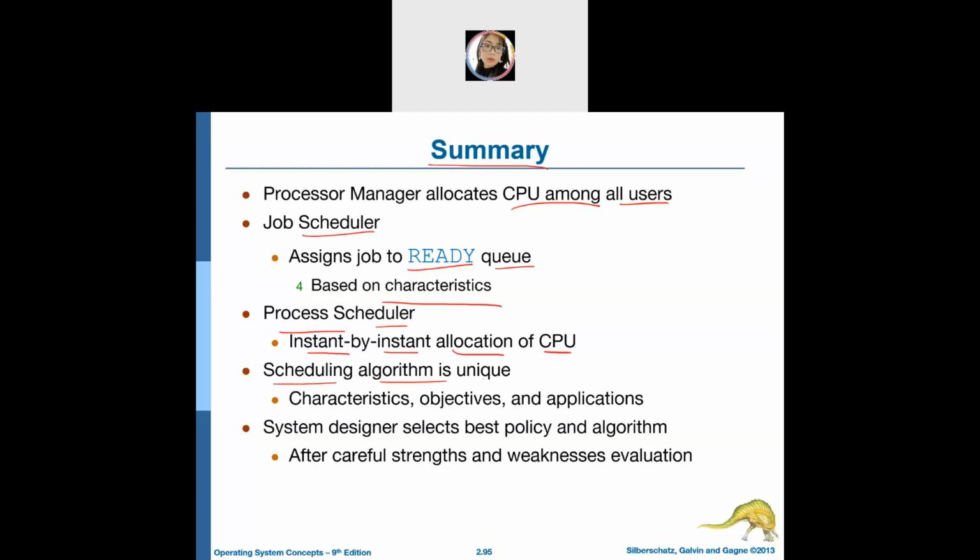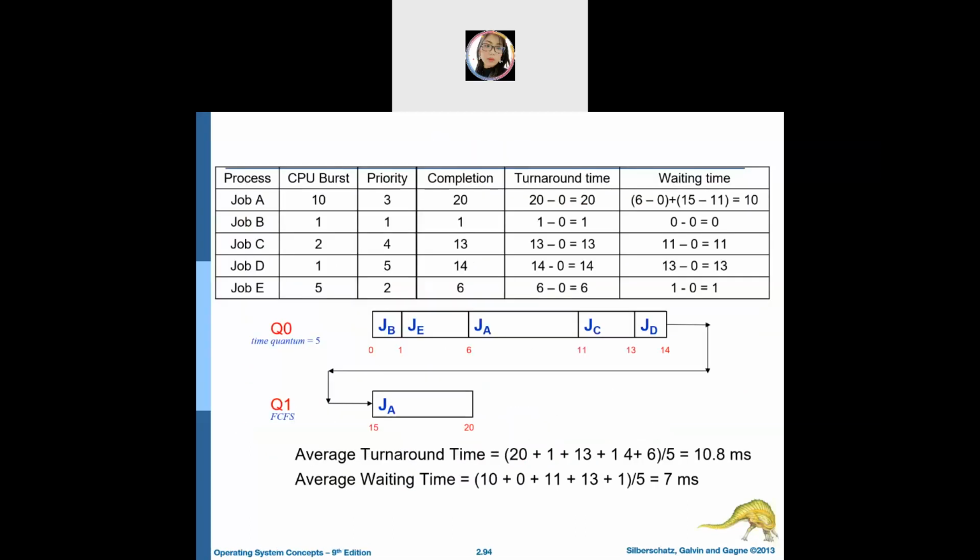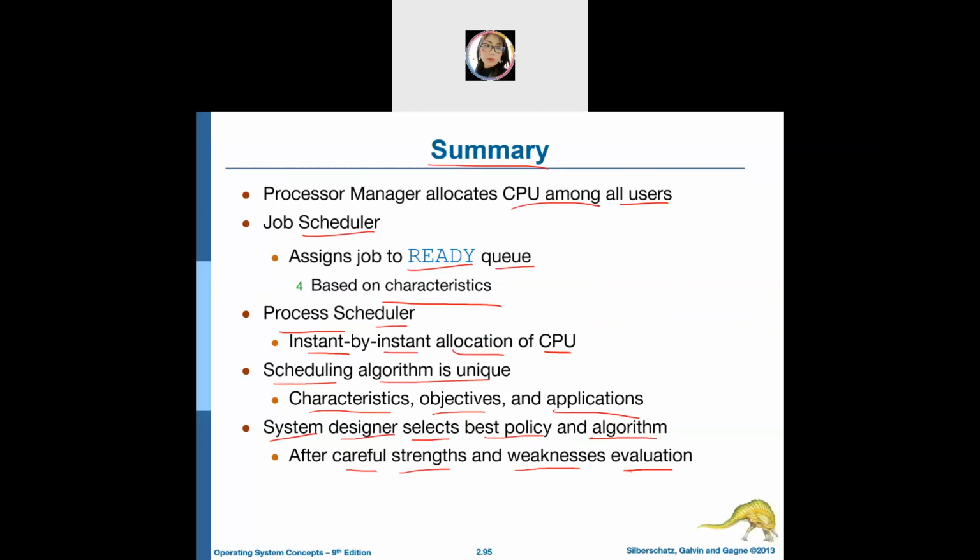Each scheduling algorithm is unique in characteristic, objective, and application. The system designer selects the best policy and algorithm after careful strength and weakness evaluation. So this is all the summarization of all the methods that we have been through.